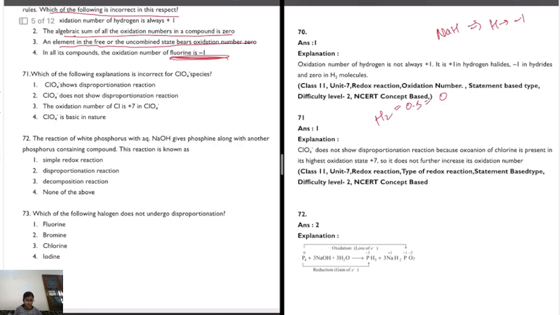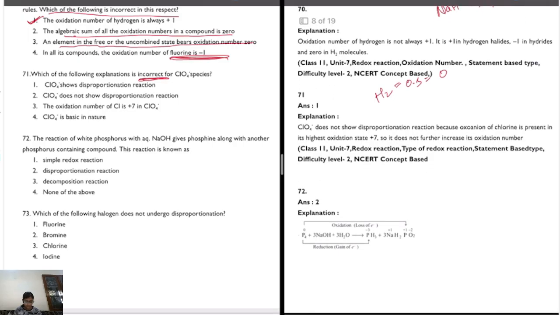In the next question, which of the following explanations is incorrect for the ClO4- species? See, in ClO4-, let's find out the oxidation state of Cl. x + 4 into -2 equals -1.